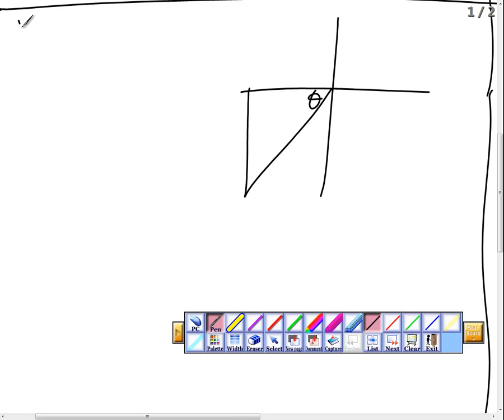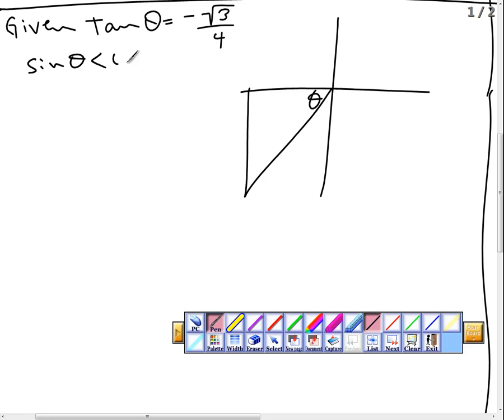Here's theta. We're given tangent theta is equal to negative square root 3 over 4, and we also know that sine theta is less than 0.